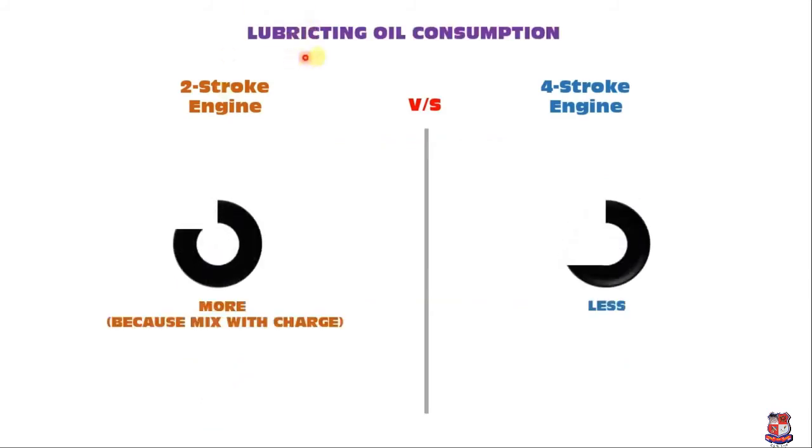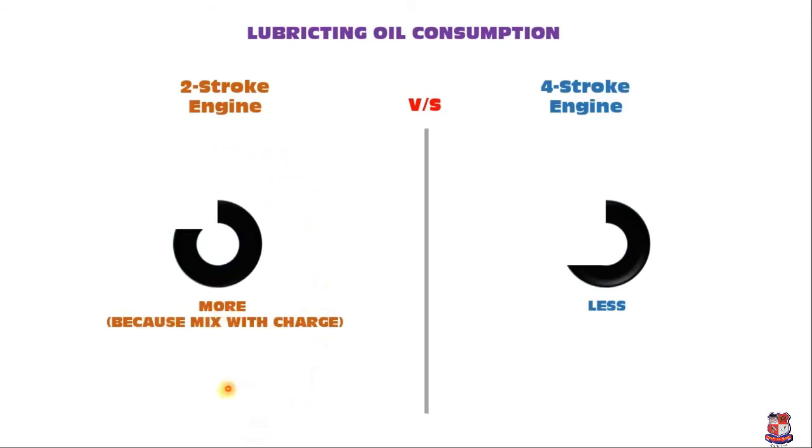Now lubricating oil consumption. In 2-stroke engine, the lubricating oil consumption will be more as compared to 4-stroke engine, because in 2-stroke engine we are first taking the charge inside the crankcase, and then in the next cycle we are moving it from the transfer port to the cylinder.